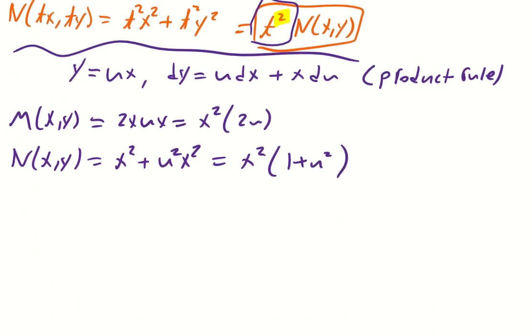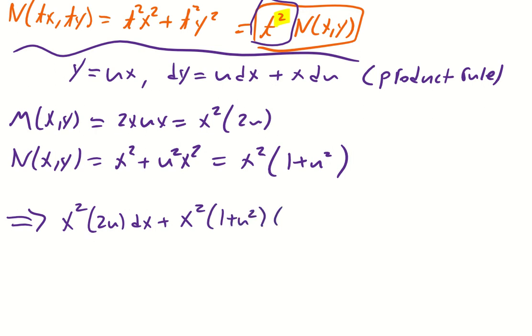And now we can rewrite our equation as x squared 2u dx plus x squared times the quantity 1 plus u squared times, we can't say dy because we got rid of the y, we have to use u dx plus x du is equal to 0.